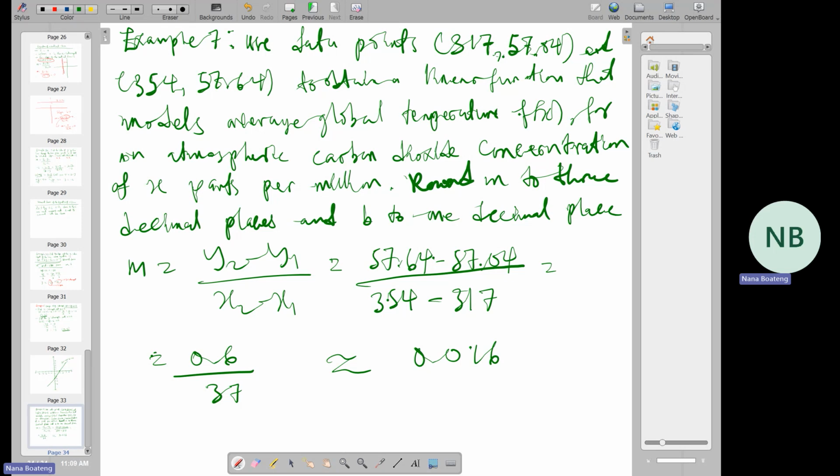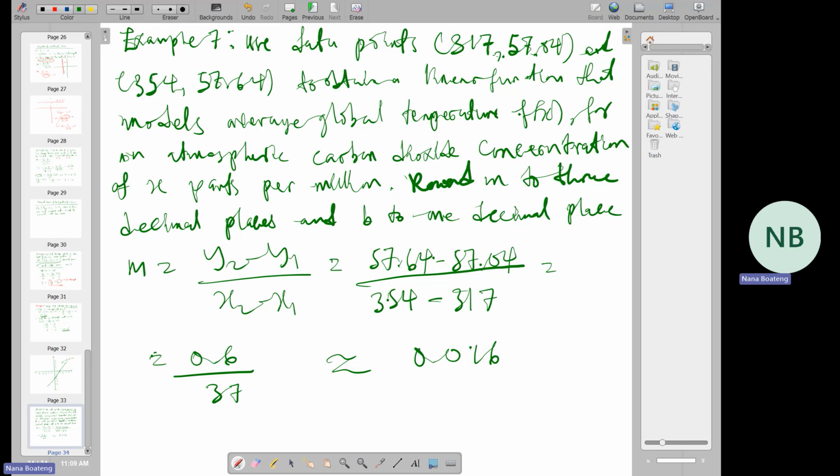All right, so we have the slope at 0.016, so we can use the point-slope formula, which is y minus y1 is equal to m times x minus x1. And we pick any of the points as y1 and x1.